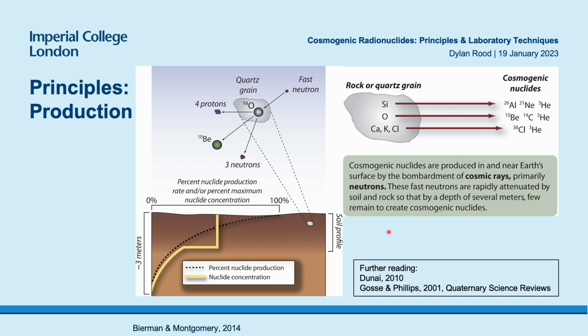The 2 things to take away from this are, first, that cosmogenic isotopes are uniquely produced by this kind of nuclear reaction at or near Earth's surface, and also that we know the cosmogenic isotope production rate, and it's dictated by the nuclear physics, which is also very well known. If you're interested in the details of this, you can do some further reading from these 2 classics.